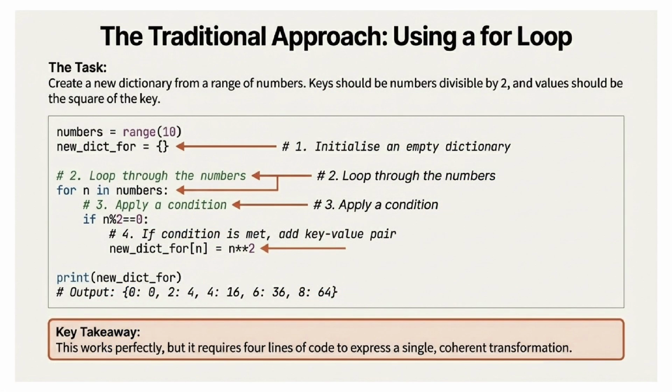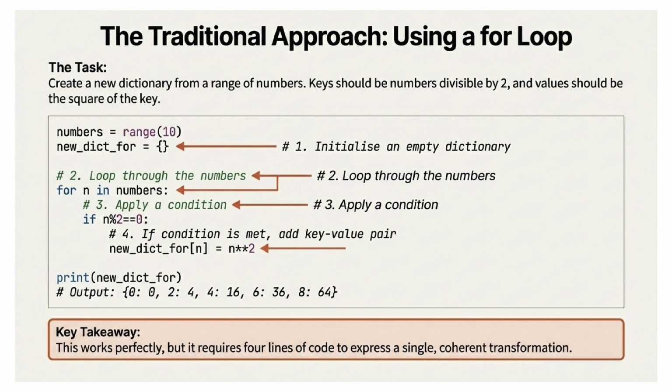Let's now solve the traditional approach using a for loop. We want to create a dictionary where the keys are even numbers and the values are their squares. To do this, we initialize an empty dictionary, loop through numbers, apply a condition, and assign values step by step.